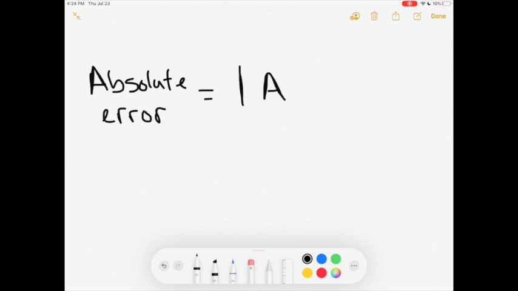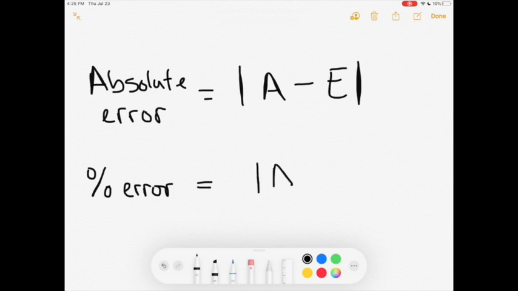So here you're going to take the absolute value of A minus E, the accepted minus the experimental. I'm going to give you percent error real quick again because I forgot to put the absolute values. It'd be A minus E divided by A times 100. So you don't have to worry about the absolute values, just if you get a negative, take the negative off. That's all you need to do.